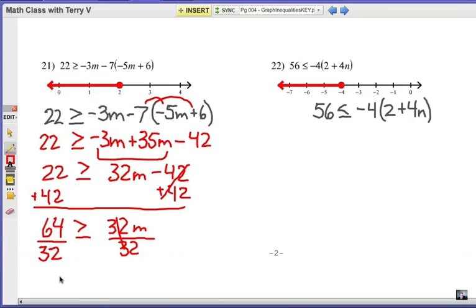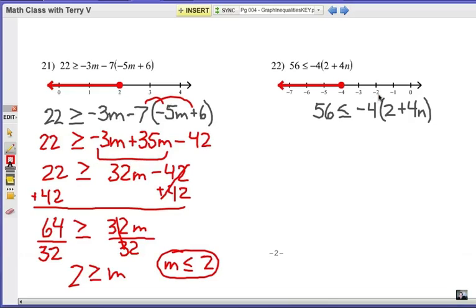Since we are not doing that, it's a positive 32 here, you're going to get 2 is greater than or equal to m. But let's go ahead and flip that around just so that we can think of it the way we normally look at it, variable on the left. And notice now it's m is less than or equal to positive 2. So solid dot on the 2 going to the left. Alright, I hope you did okay. That took a few steps.